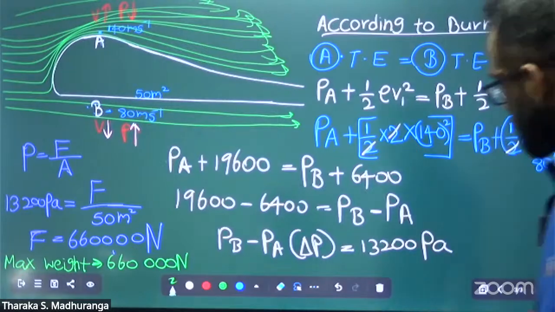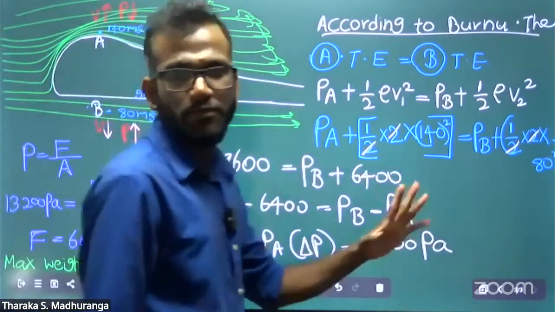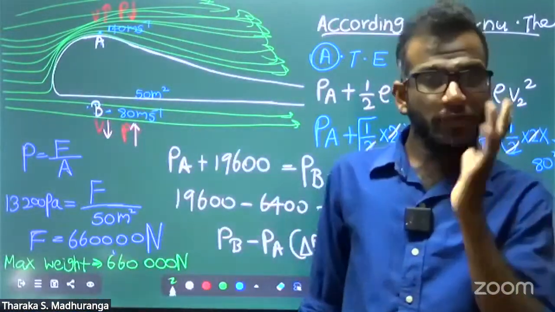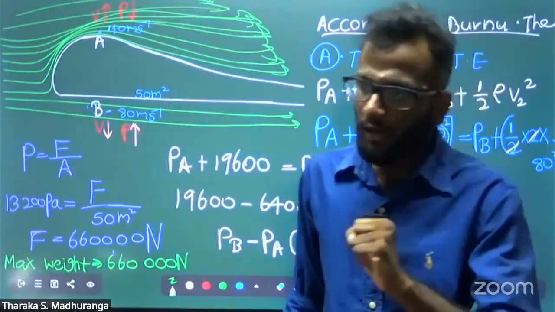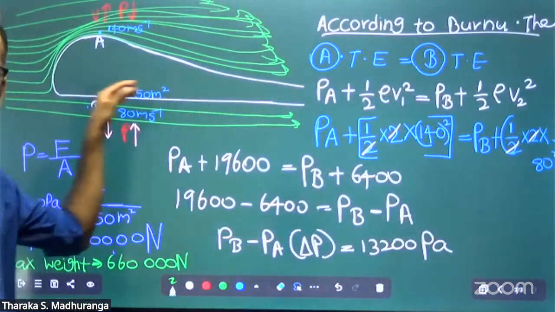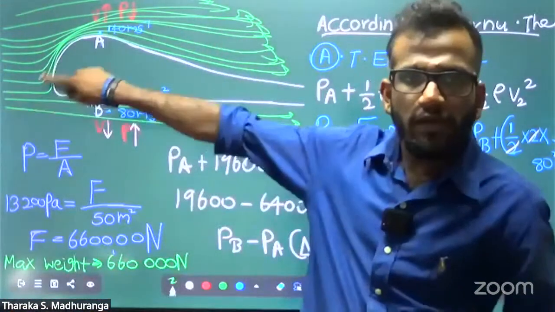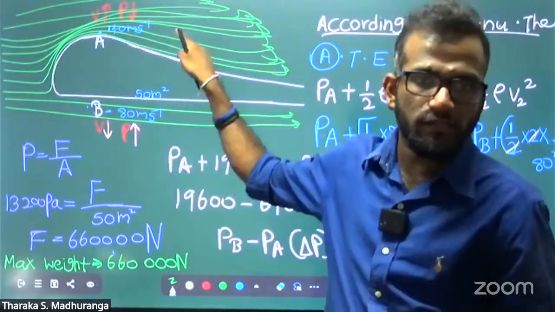Okay, now think with Bernoulli's theorem. In this type of question, everywhere you need to keep Bernoulli's theorem in mind. This is the actual scenario: when the airplane is moving forward, the air streamlines flow like this.